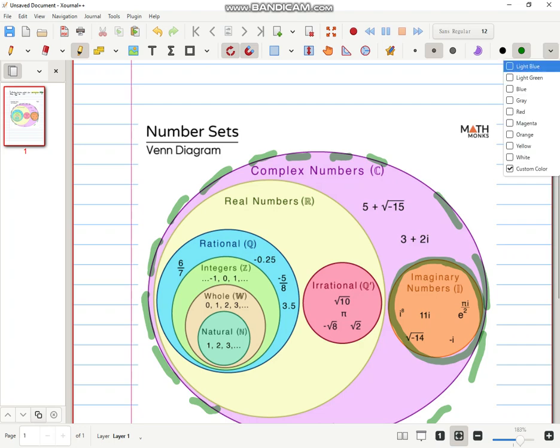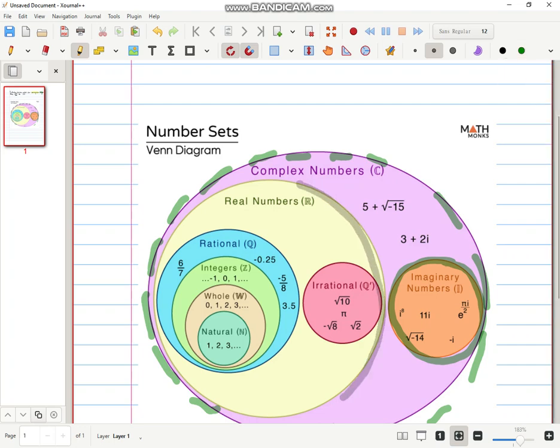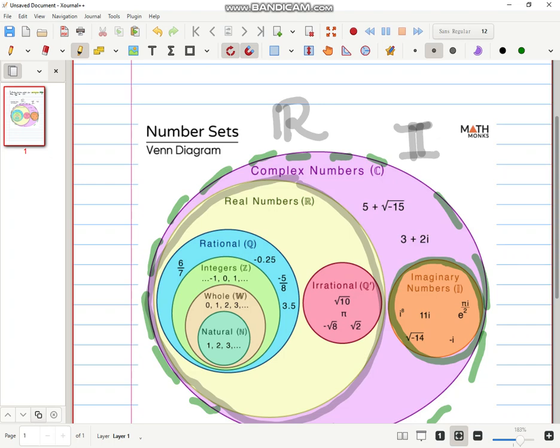So these are your real numbers, and they are represented by what? By R, right? Imaginary numbers are represented by I, and real numbers are represented by R, which also has two strokes on the left, right?